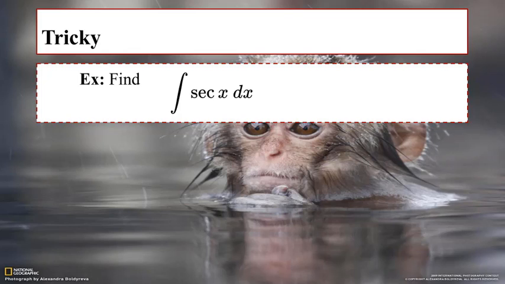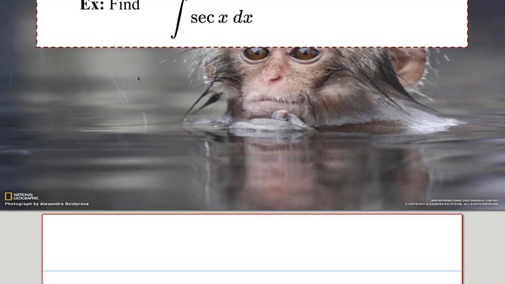Looks harmless enough, but many of the integration problems you're going to try are going to look harmless, but there's always a trick to them. So if I'm trying to integrate secant of x, several things you might try. You know that secant is 1 over cosine, so integral of 1 over cosine of x dx.